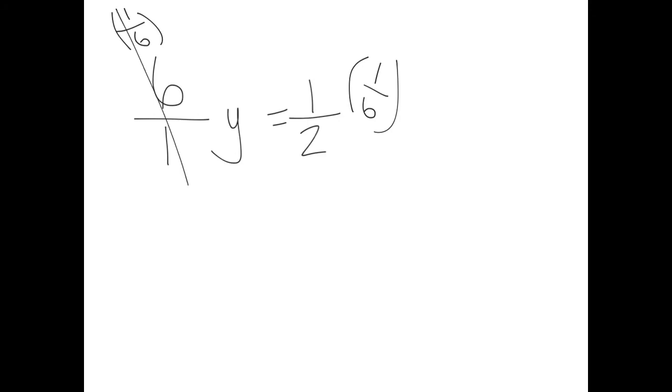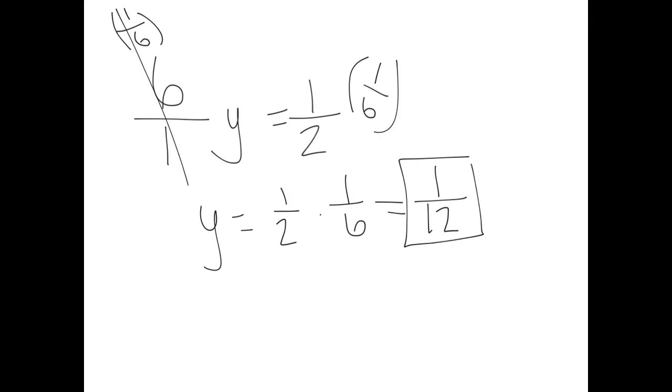Which cross cancels, y equals 1/2 times 1/6. So we'd have to then multiply 1 times 1, 12. So our answer would be 1/12 in simplest form.